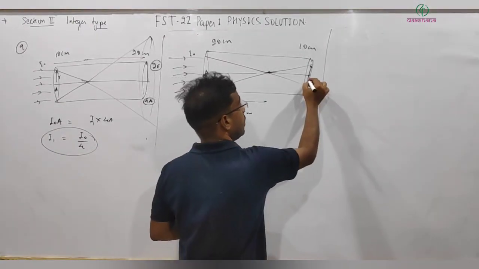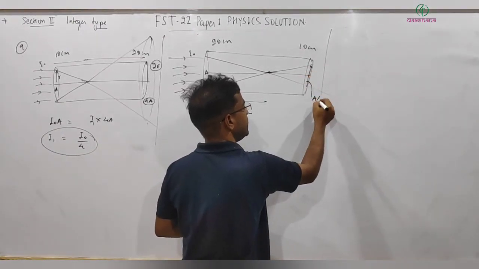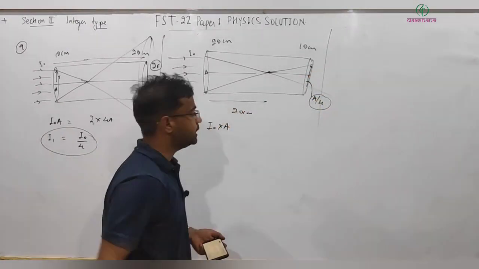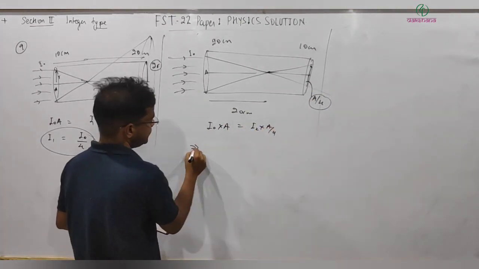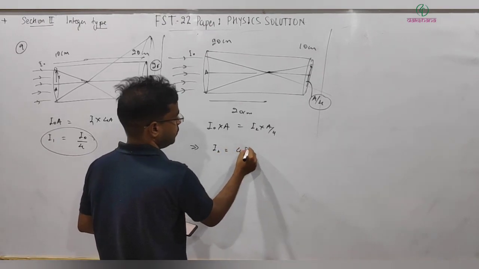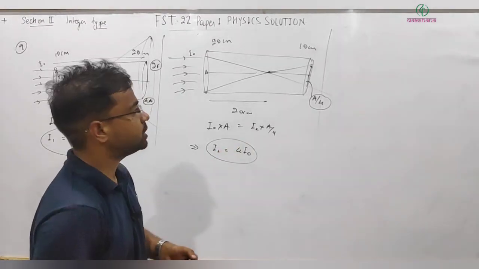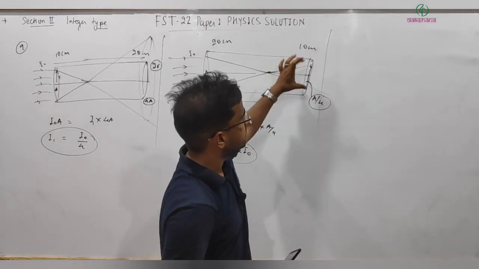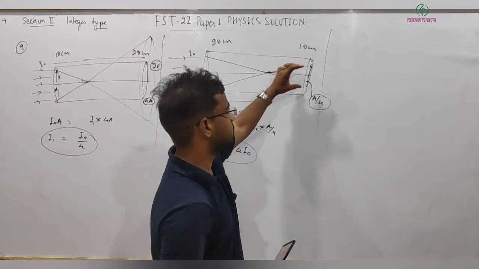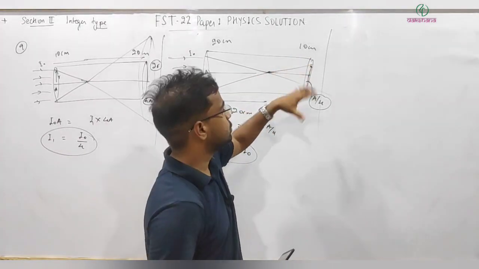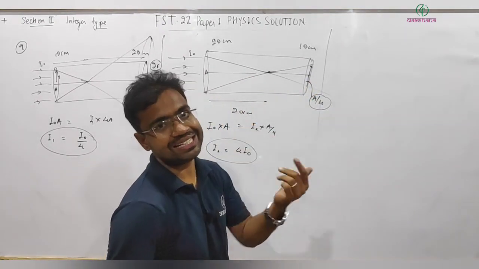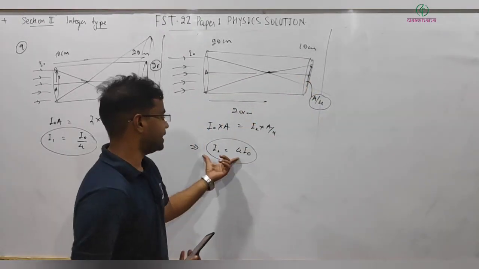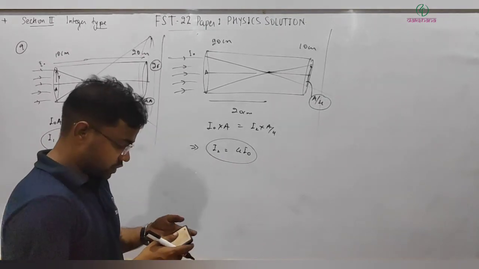So the area on which this light is falling will be simply a by 4. So I2 multiplied by a by 4 equals I naught a. This implies I2 comes out to be 4 I naught. Because finally the light is converged to a small area, and the power incident is the same, the area is reduced, so the intensity will increase.